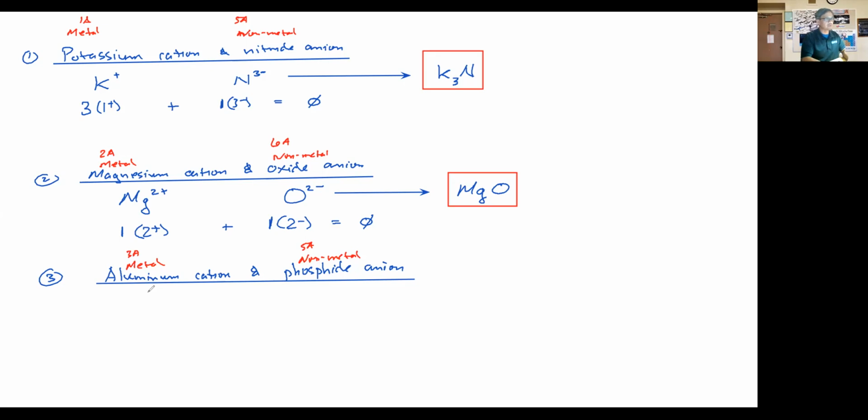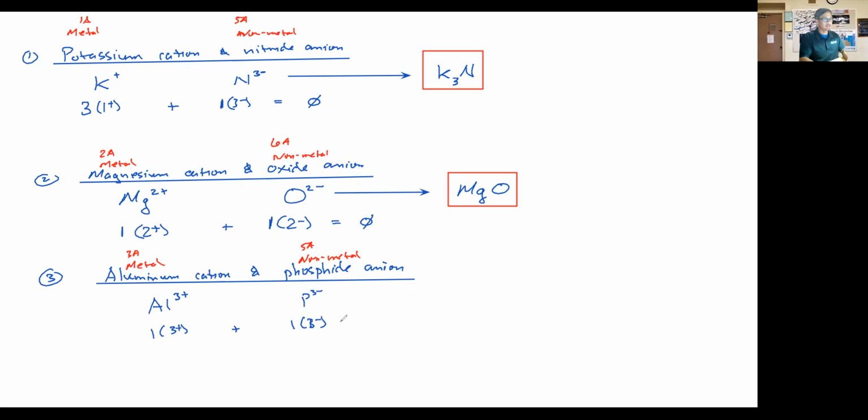Let's write out the symbol for the aluminum cation. The aluminum cation is Al3+. The phosphide anion is going to be P3-. Now, last question: will the charges balance if we have one aluminum with its 3+ charge and one phosphide with its 3- charge?